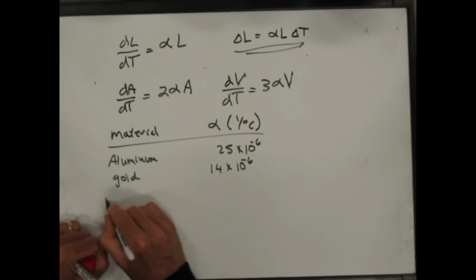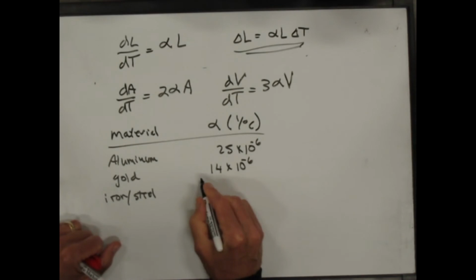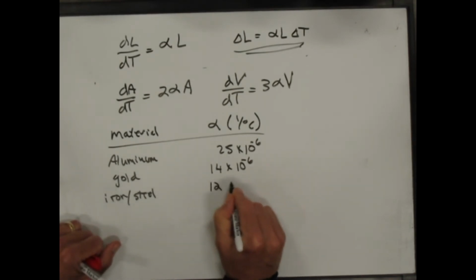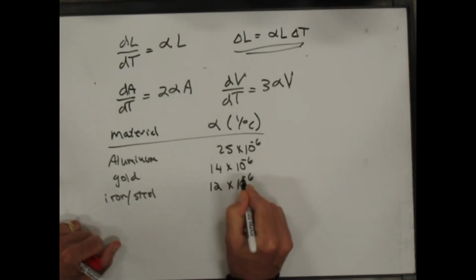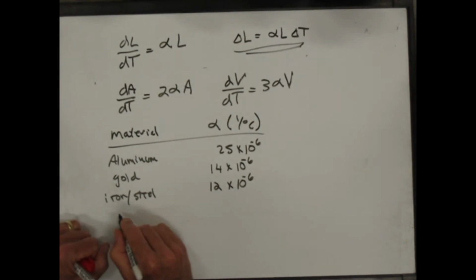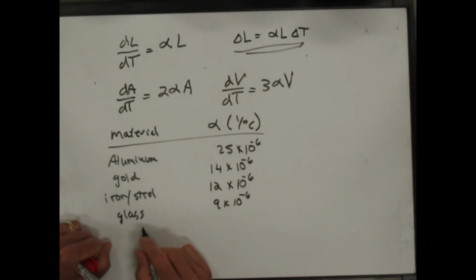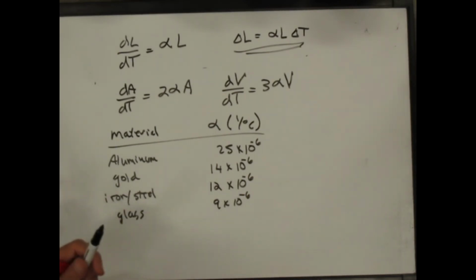Iron or steel is 12 times 10 to the minus 6. That's probably enough.